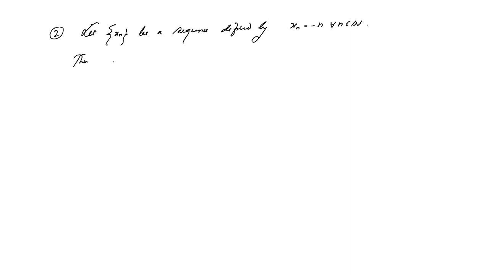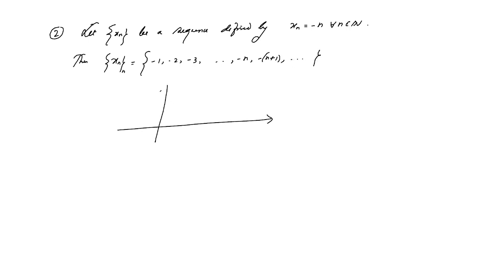Then you will see the elements of the sequence are x1, that means minus 1, minus 2, minus 3, minus n plus 1 and so on. So here x1 is minus 1, x2 is minus 2. These are the elements.